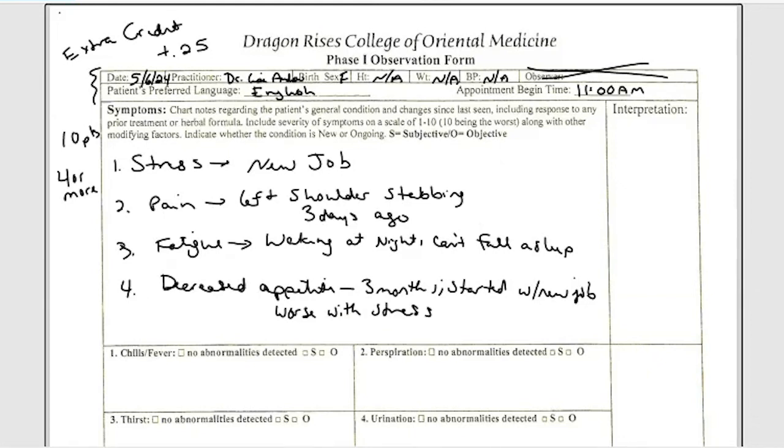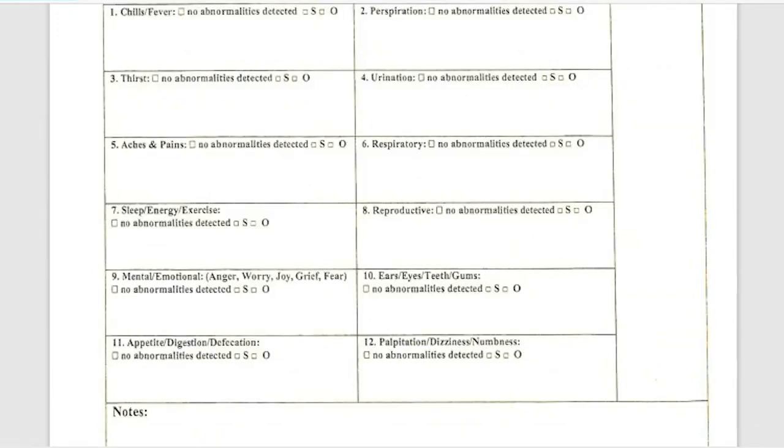Our next section is also 10 points. I would like for you to check every single box, but you at least need 9 or more boxes. When your practitioner is asking questions, especially when you're observing here in the student clinic, they should be asking these questions right here.